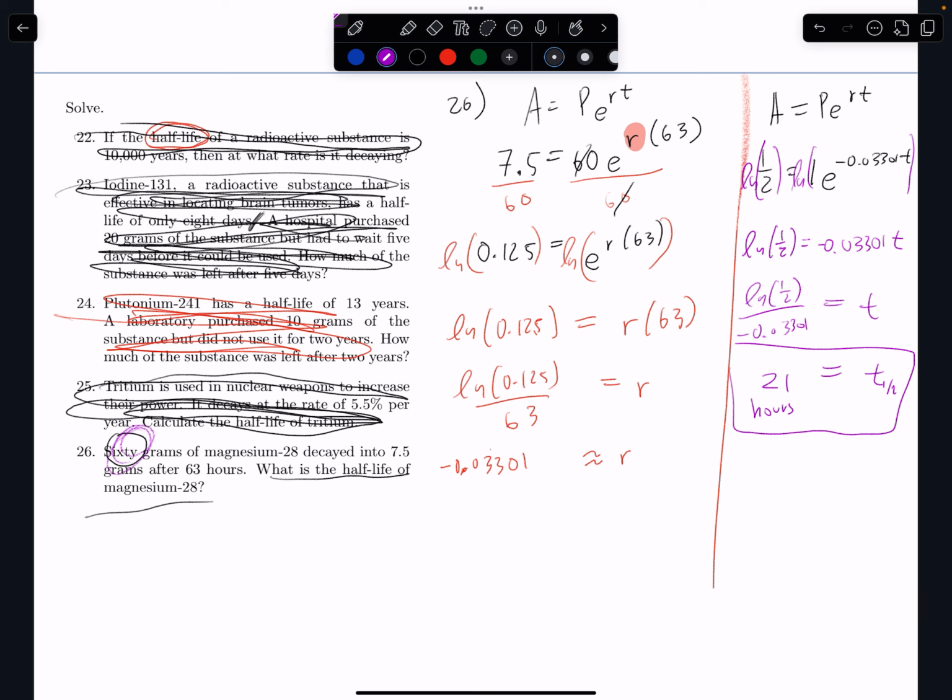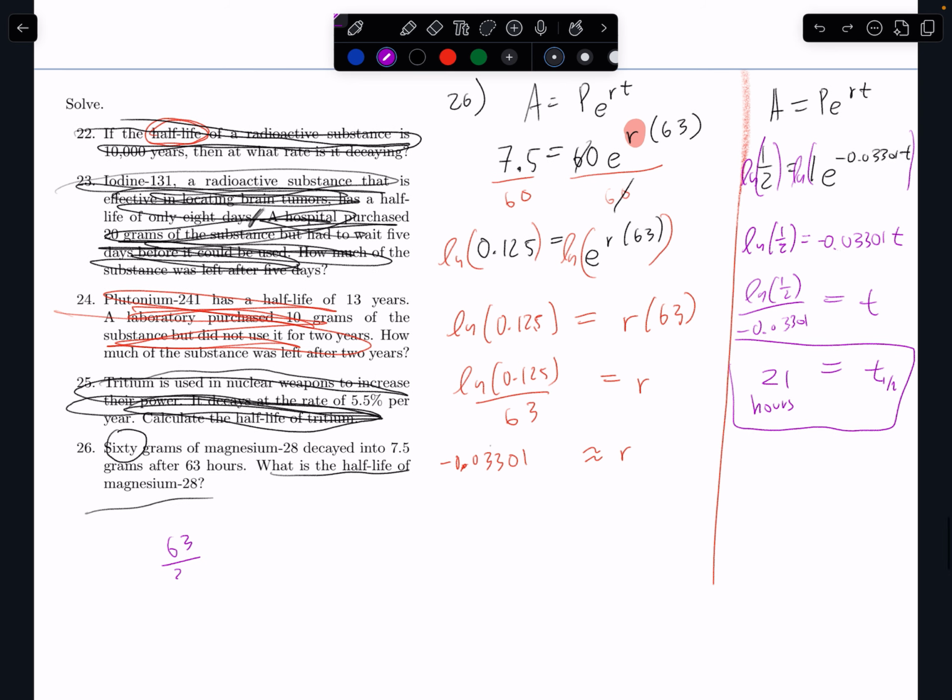Look, we started with 60 grams. We ended with 7.5 grams, right? 63 hours is the total time that elapsed. It so happens 63 divided by 21 is exactly 3. So that's three half-lives that transpired in 63 hours.